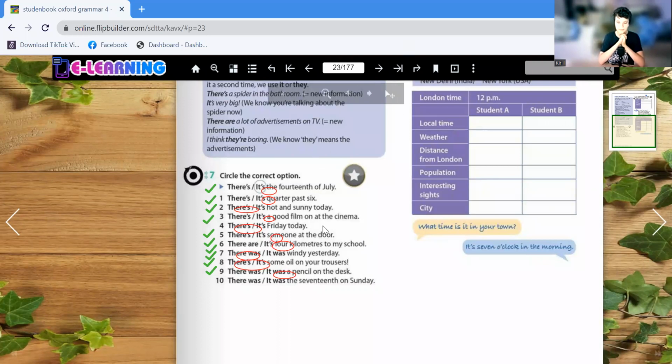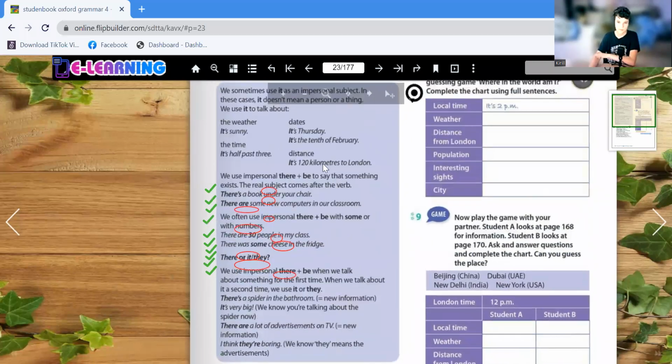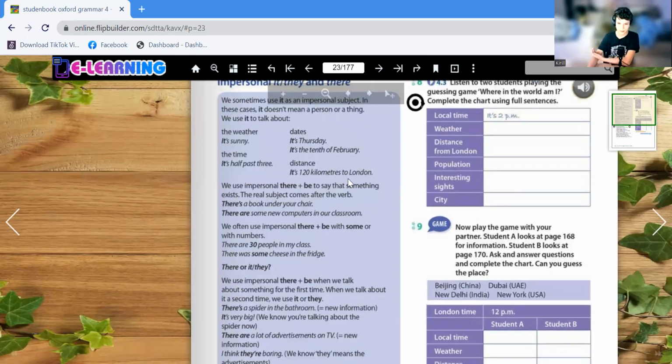If it's talking about the weather, time, dates, distance, you will use it. I think it was easier than other topics. I think it is easier because there is only one rule here.